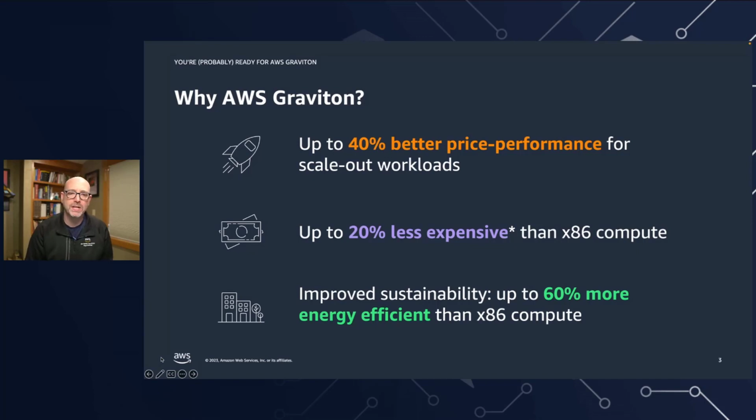On top of that, Graviton uses up to 60% less energy, or is up to 60% more energy efficient than x86. And this is because of Graviton's advanced technology and its unique CPU architecture. So you're able to run the same workloads and use 60% less energy, which accounts towards overall sustainability, which we know is very important to many of our customers.